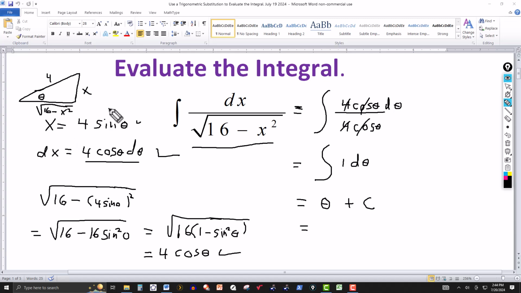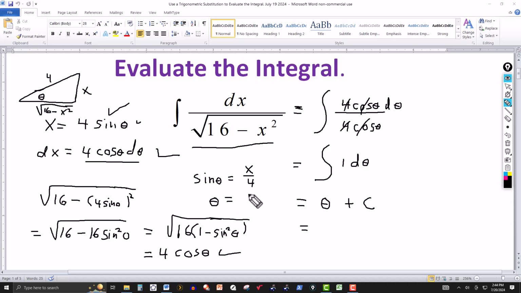From this statement right here, we can say that the sine of theta is equal to x over 4. And of course we also know that from the triangle: sine of theta is opposite over hypotenuse. Now we want to solve this for theta, so we take sine inverse on both sides. If I take sine inverse of sine of theta, this just gives me theta on the left side.